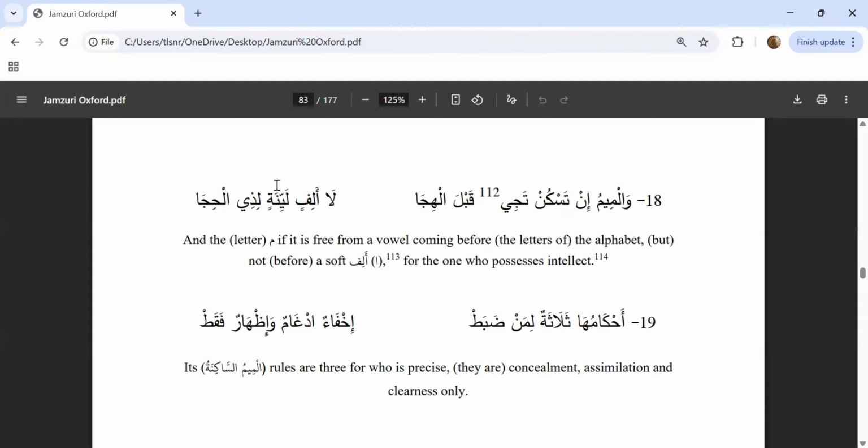So again, li is a harfu jar here, and it means for, and dhi is the possessor or owner. And al-hija is the one who possesses intellect. So the one who possesses intellect will understand that you cannot have a meem sakina before an alif.